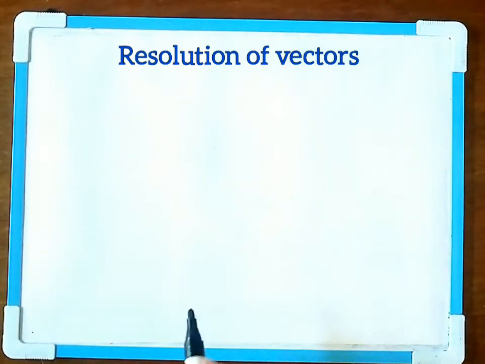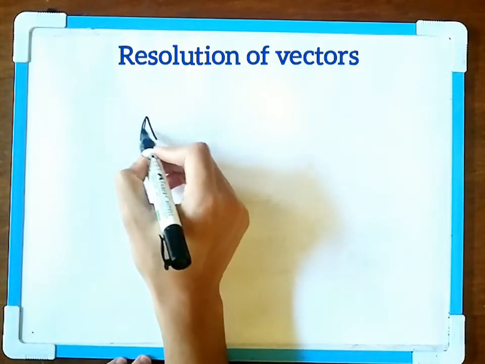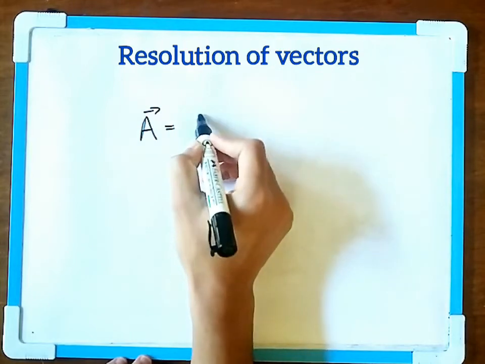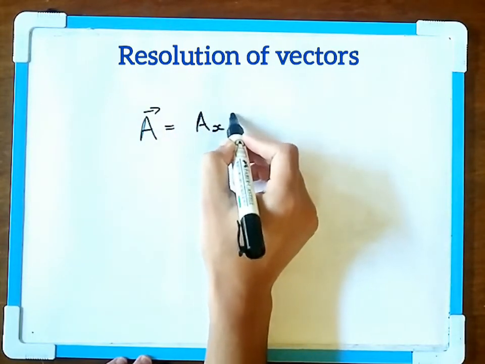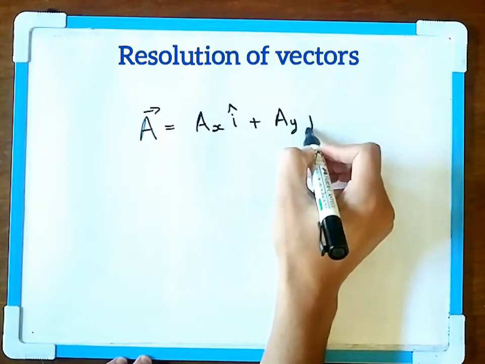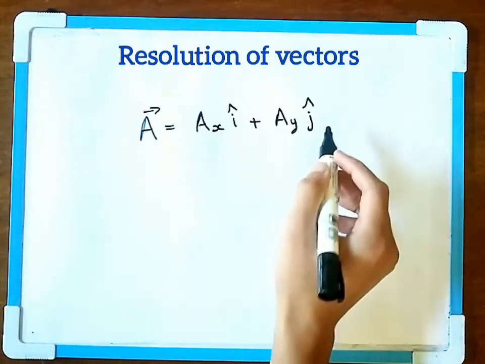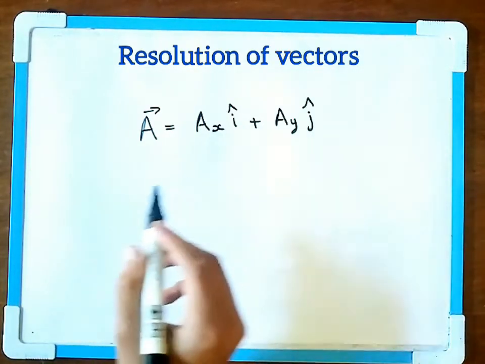So now, we've learned that any vector in a plane can be represented as Ax i cap plus Ay j cap. So this is a vector on a plane. Now if the vector is in space, then you'll have to add another vector.